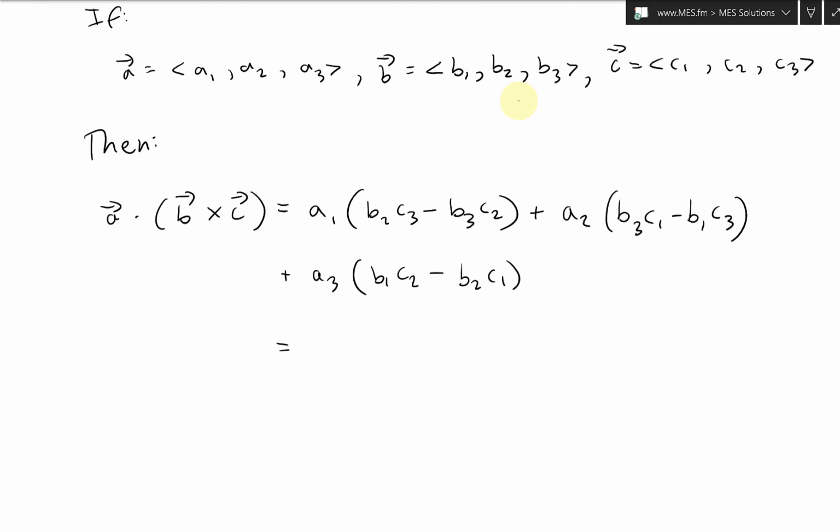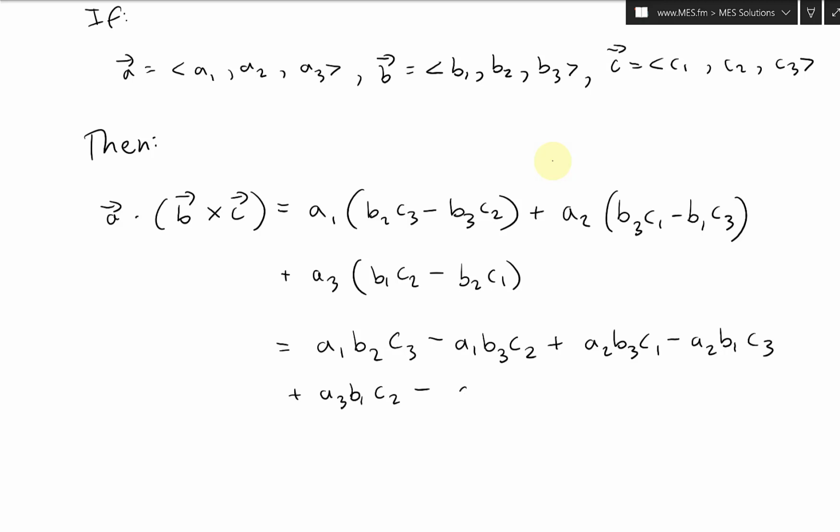Let's multiply this out, so we get A1, B2, C3, and then minus A1, B3, C2, and the next one is going to be plus A2, B3, C1, minus A2, B1, C3, then plus A3, B1, C2, minus A3, B2, C1, like that.